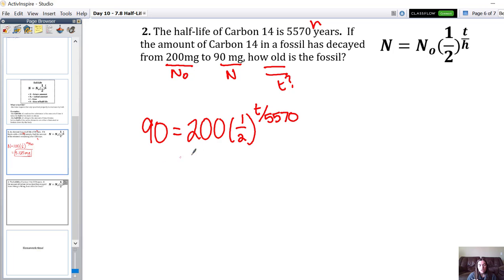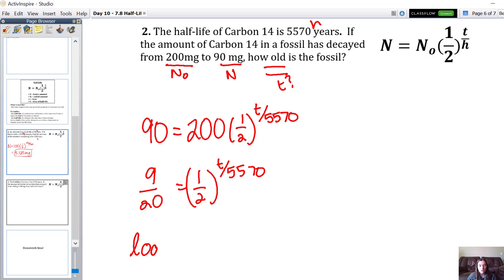So I have 90 over 200, which is 9 over 20, equal to 1/2 to the power of T over 5570. Can't make these the same base, so I'm going to change it to logarithmic. My base here is 1/2, so I have log base 1/2 of 9 over 20 equals T over 5570.